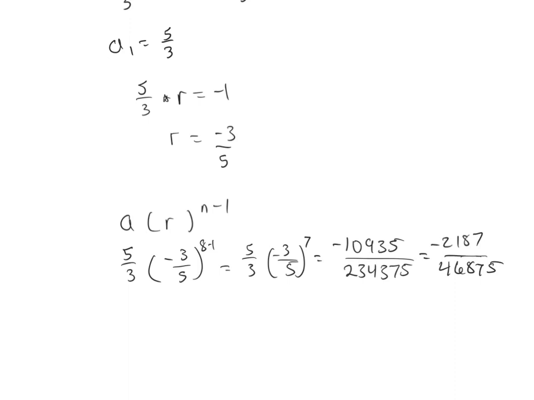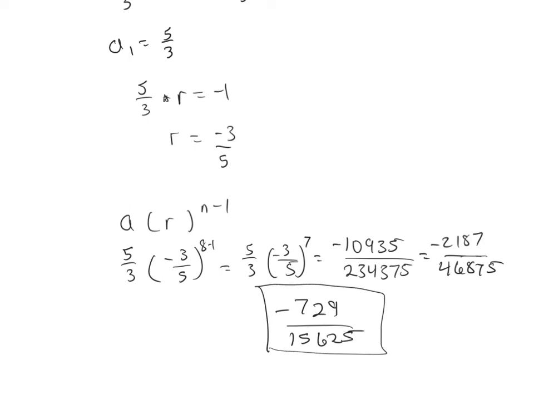I also noticed that there was a 3 in my numerator and denominator, so I'm going to divide both the numerator and denominator by 3 also. That gives me -729 for the numerator and 46875 divided by 3, I get 15625 in the denominator, and I doubt that it will be simplified even further. So that will be my answer.